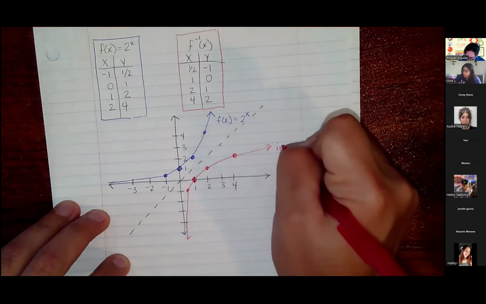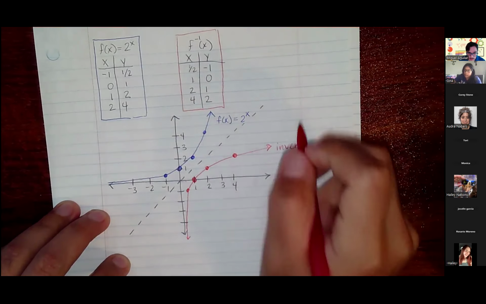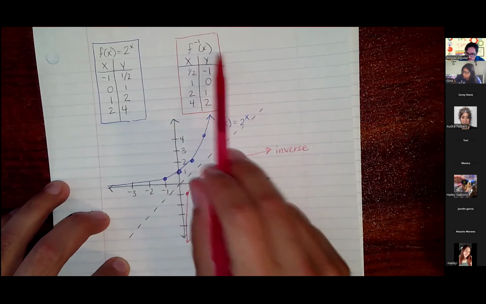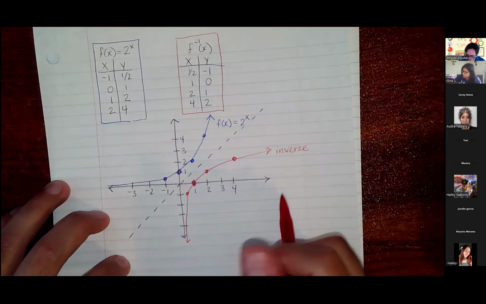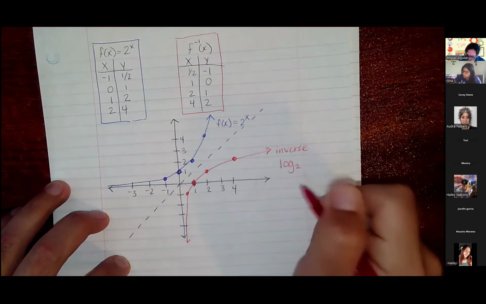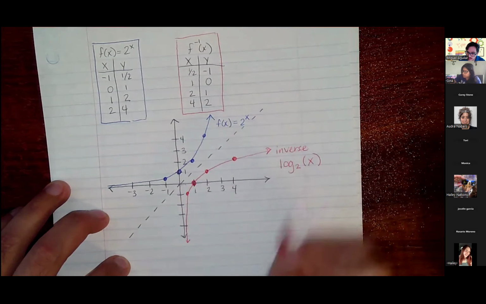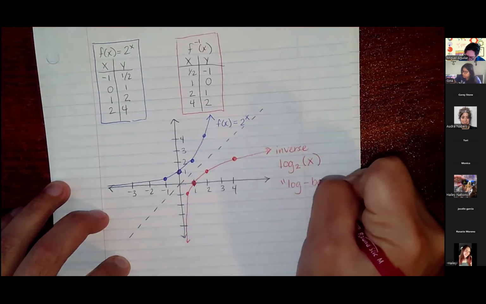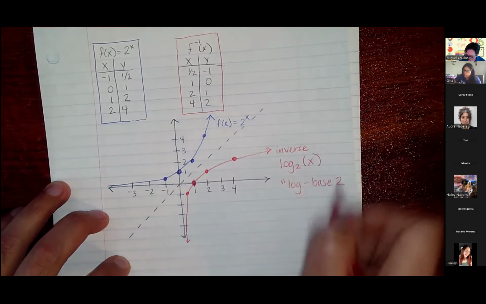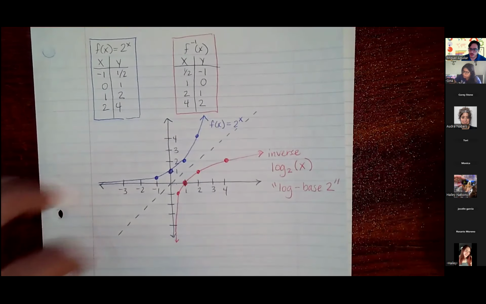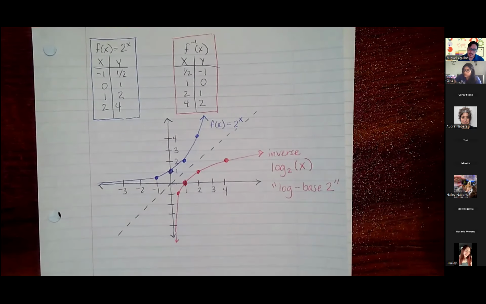And this inverse function, here's the big reveal. We said we don't have the equation for it, but we don't need it. What we're going to do is just call this log base 2 of x. Okay. So the word logarithm literally just means the inverse of some exponential function.